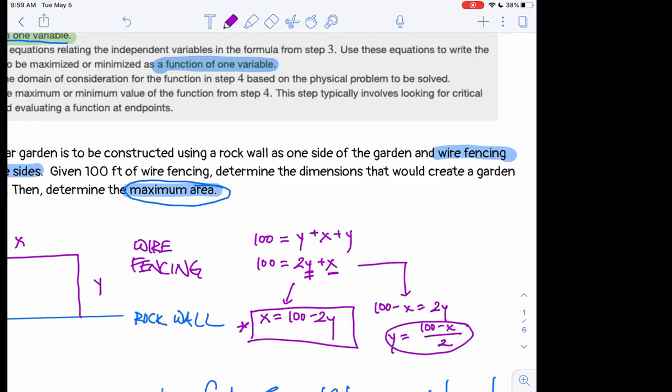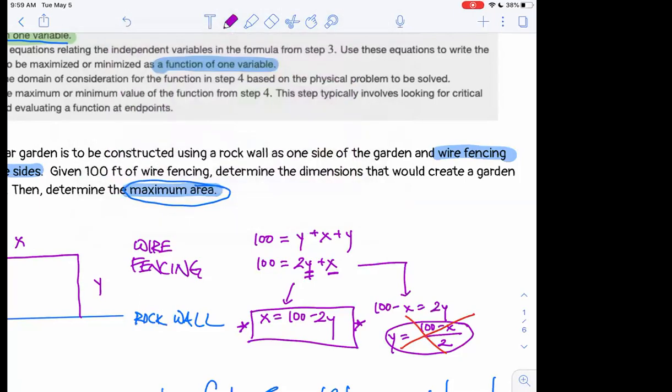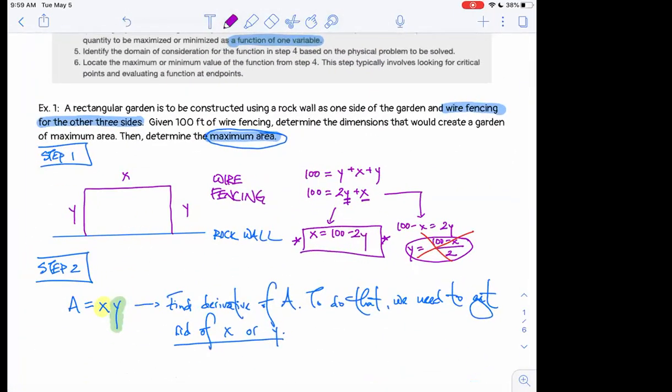So for those 2 reasons, I'm going to use this one and not this one. You can use either one and you will still get the right answer, but one of those versions is going to cause more work for you than the other. All right, so let's see how this helps us.